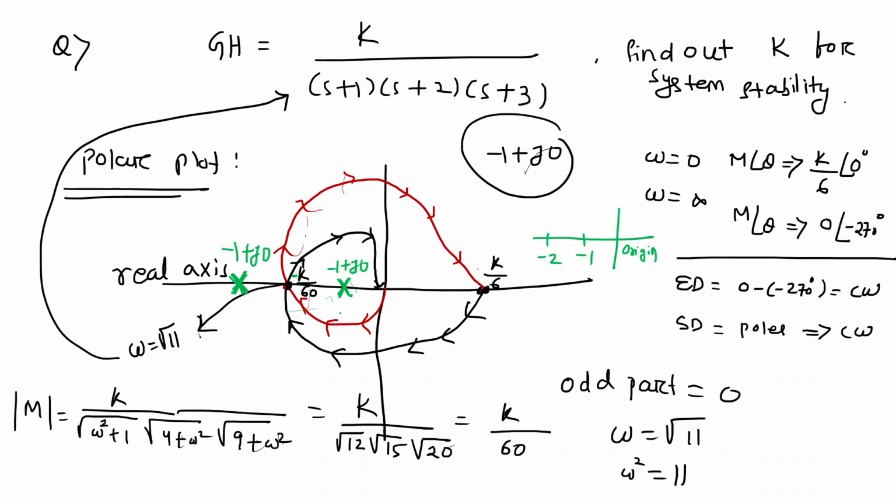It means out of this -1 and K by 60, magnitude wise, which one is greater? K by 60 should be less than 1 if you are taking amplitude, right?